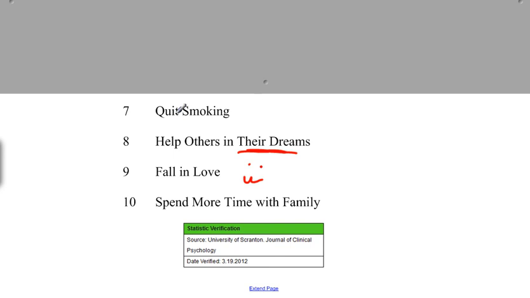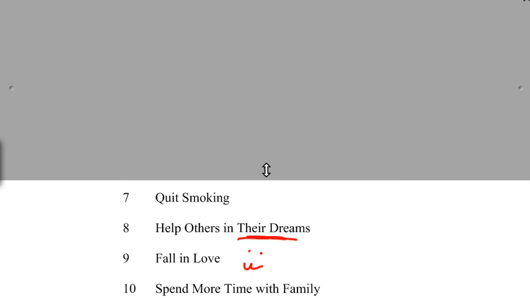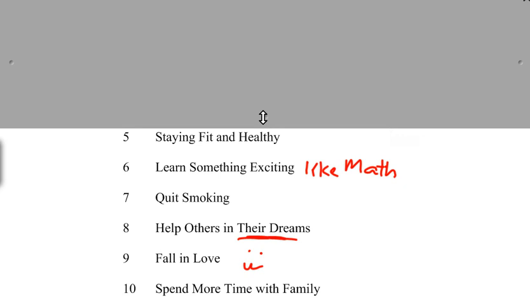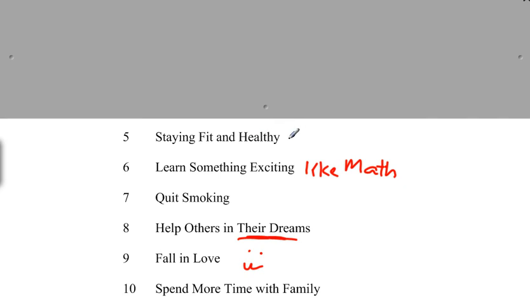That's cool. Quit smoking at number 7, always good. Don't smoke. Number 6, learn something exciting, like math. Obviously would be something exciting to learn. Number 5, staying fit and healthy with math, obviously. Math. Alright, we're getting to the good ones now.